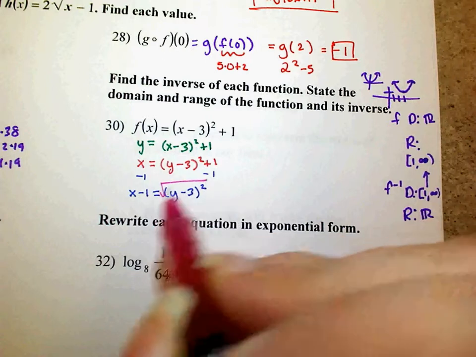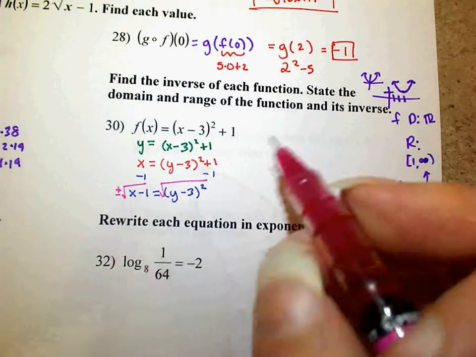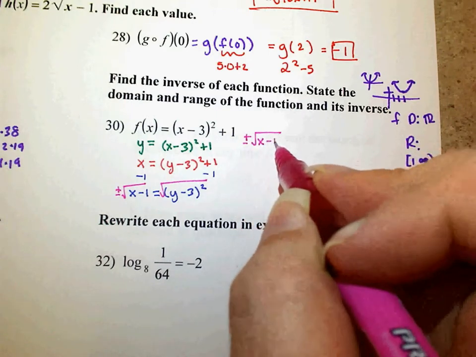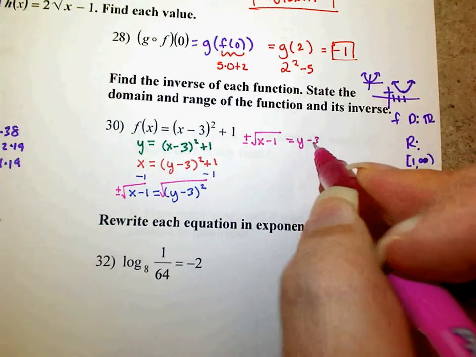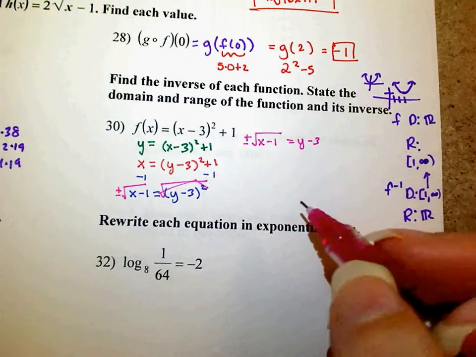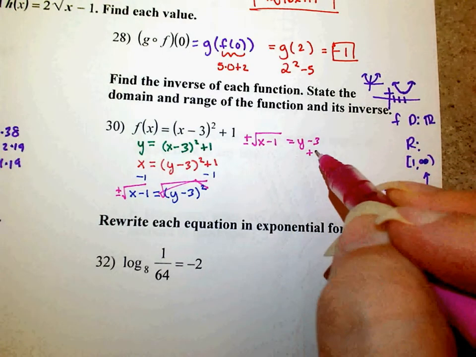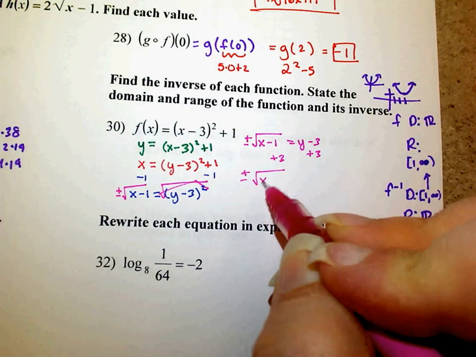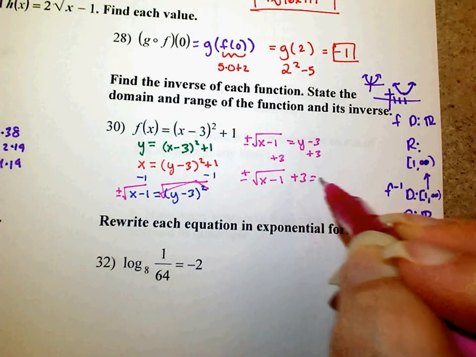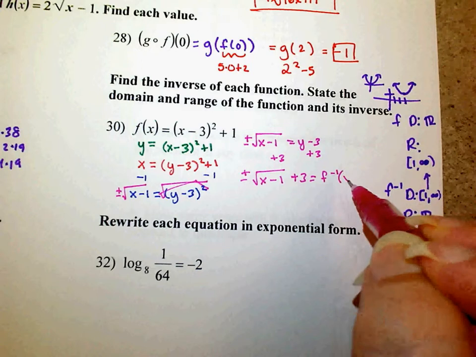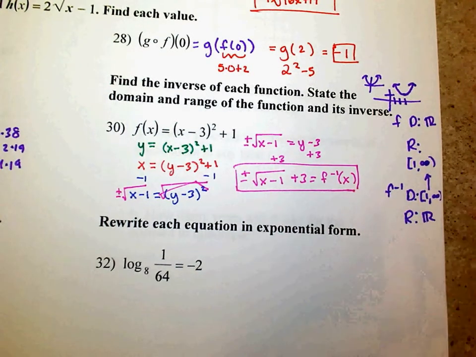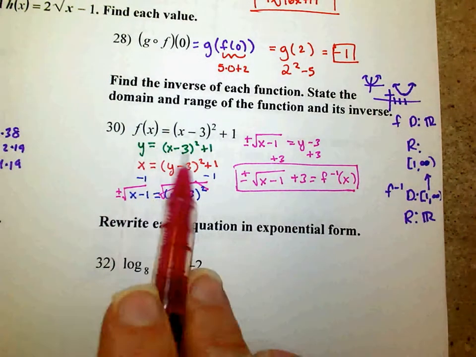So I've got plus or minus the square root of x minus 1 equals y minus 3, because they cancel each other out. And then I want to add 3. Now when I add 3, I've solved for y, which means I have the inverse. So f inverse of x. And then there's this domain and range. Okay, so switch the x and the y, and then solve for y. Undo every operation.